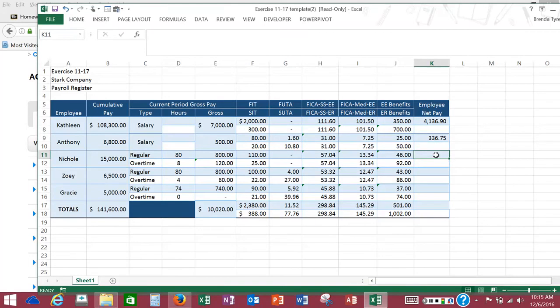We should be able to copy this to this row, and now here we're going to have to do it a little bit different again because we've got the 2, so we've got to add our 2 pays together, regular and overtime. And now we can subtract federal income tax minus state income tax minus FICA, Social Security, minus Medicare, minus the benefits.